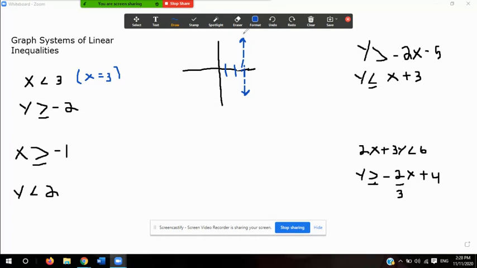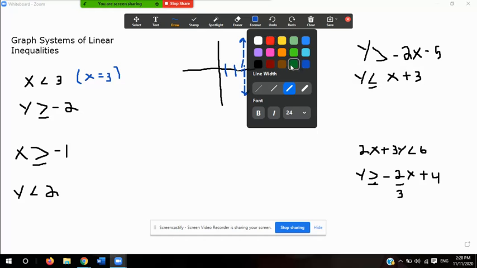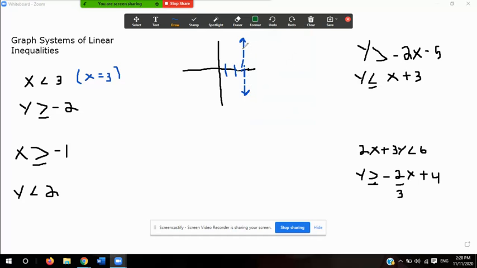So I'm actually going to use a green shade, and I'm not going to shade them, I'm going to draw arrows to indicate that what x is less than 3 means is that whatever possible answer I'm going to have is going to be an answer that is smaller than positive 3 without including positive 3.